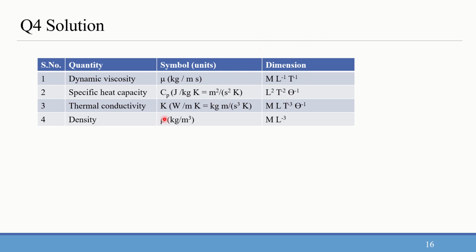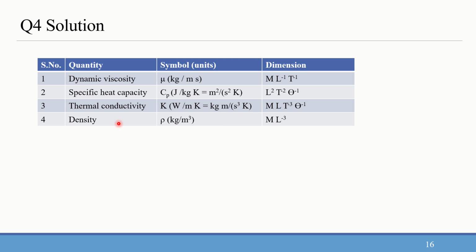Now, after we have obtained the thermal conductivity, we are just substituting the values. Kg is M, meter is L, time in seconds is T^-3, and Kelvin we are writing as theta^-1.